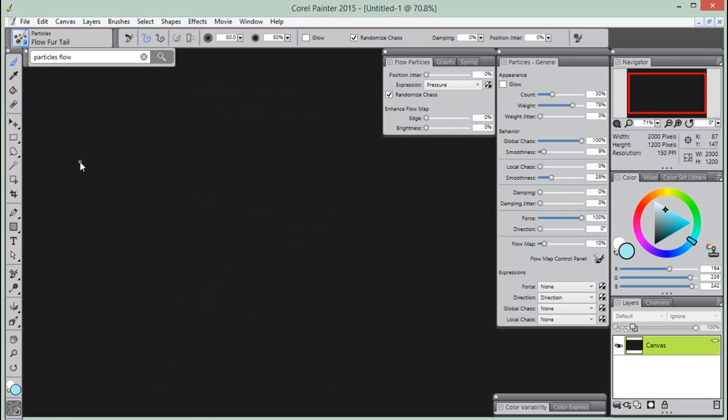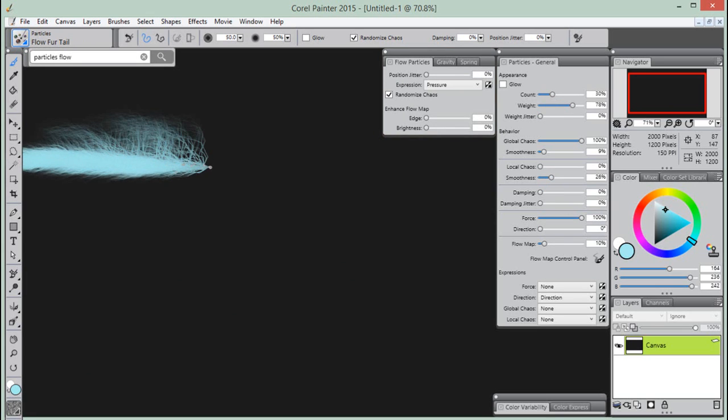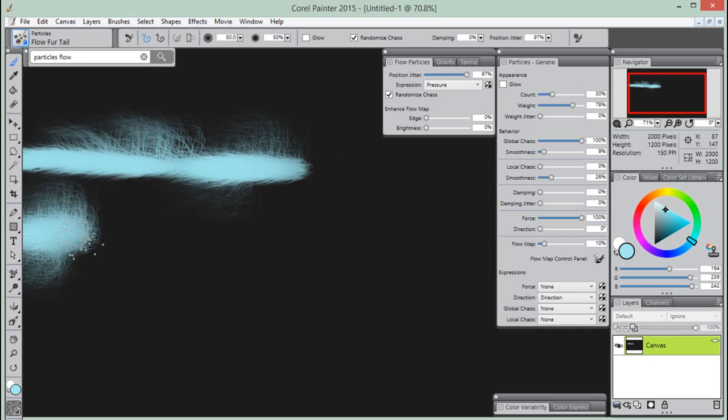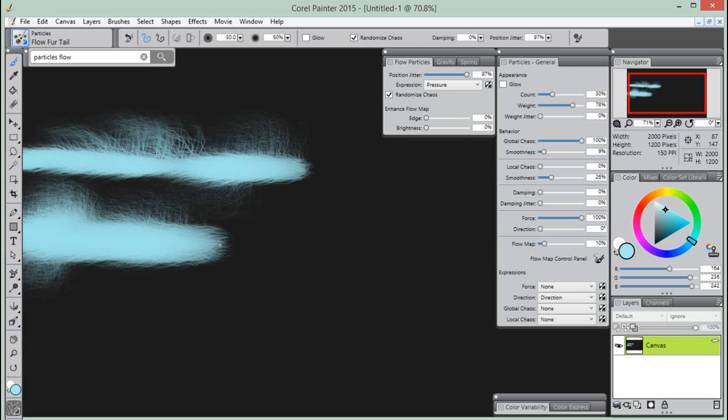The position jitter slider lets you vary the starting position of the particles. You can also associate the position jitter with an expression by choosing an option from the expression list box.